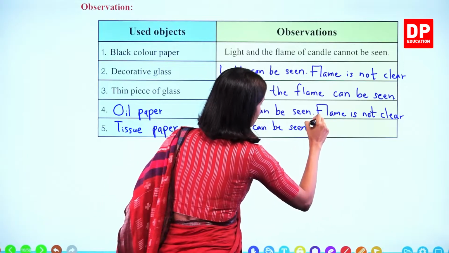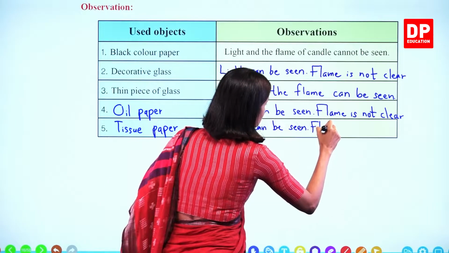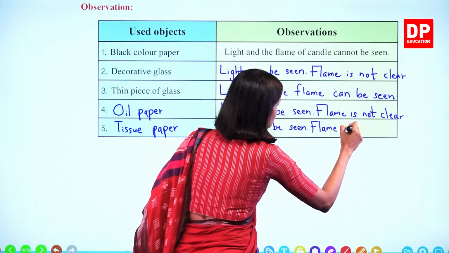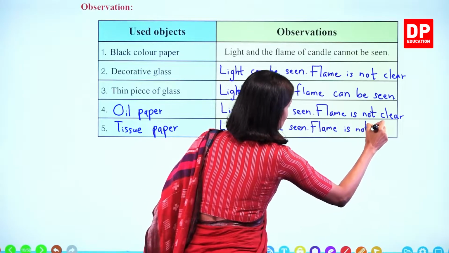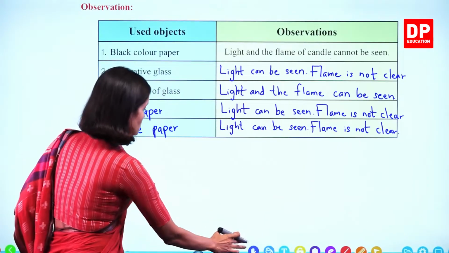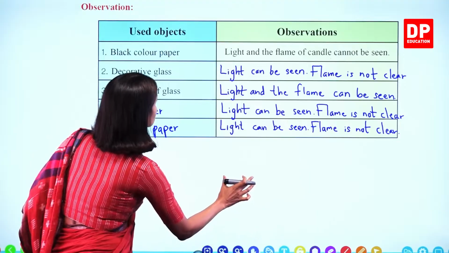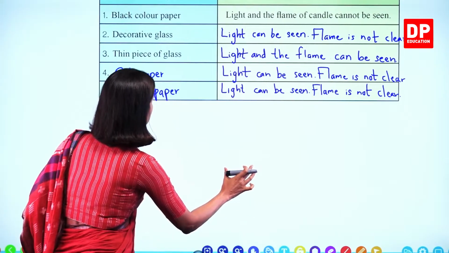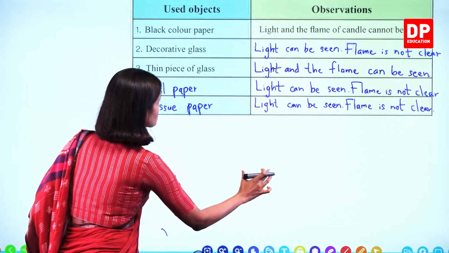Flame is not clear. Right. So we will draw the table.